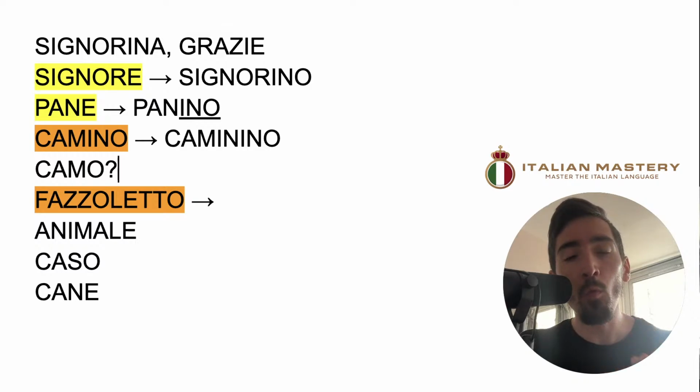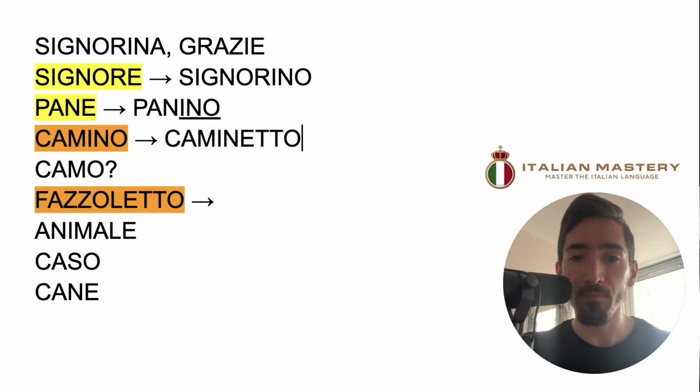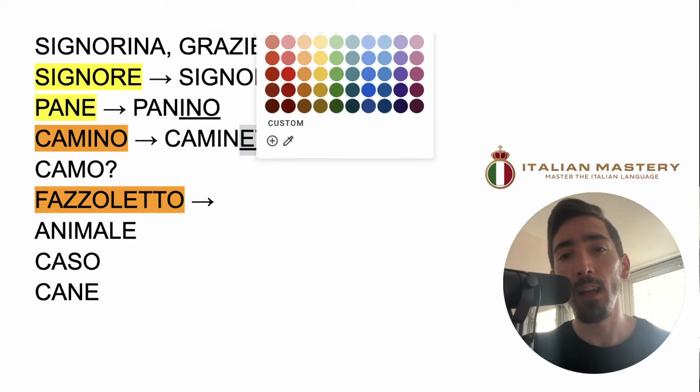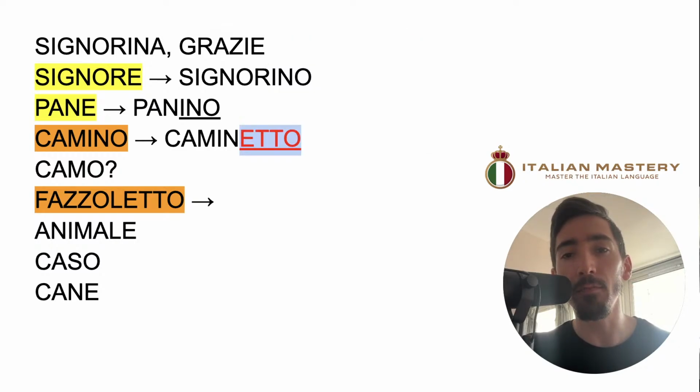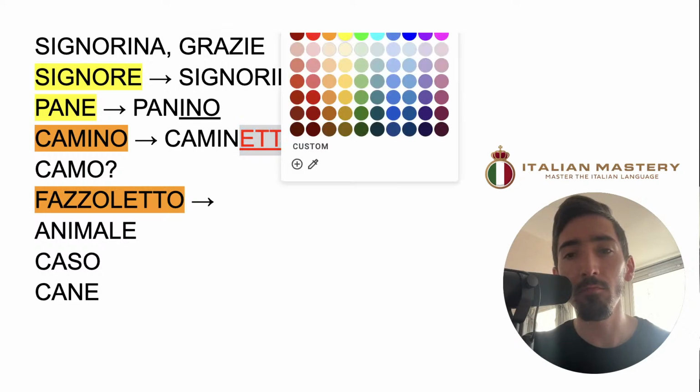And then when we want to use diminutivo on the word camino, we cannot add another ino. It would just sound silly. Caminino. I guess we could, but we don't. In this case, we go with caminetto. And etto is a different, I guess a different form.